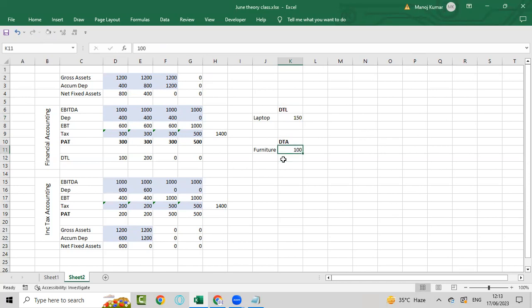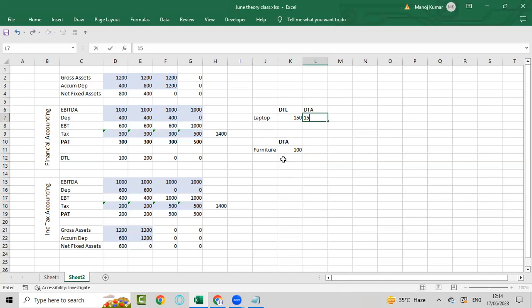Now you will not report like deferred tax liability 50. Am I making sense? Overall, you can say that deferred tax liability is 50, but it's not the method you will report. You will report both. Because of laptop, deferred tax liability was 150. Because of furniture, deferred tax asset was 100. Deferred tax liability of laptop will be offset by the deferred tax asset going forward, maybe second year, third year, or fourth year.